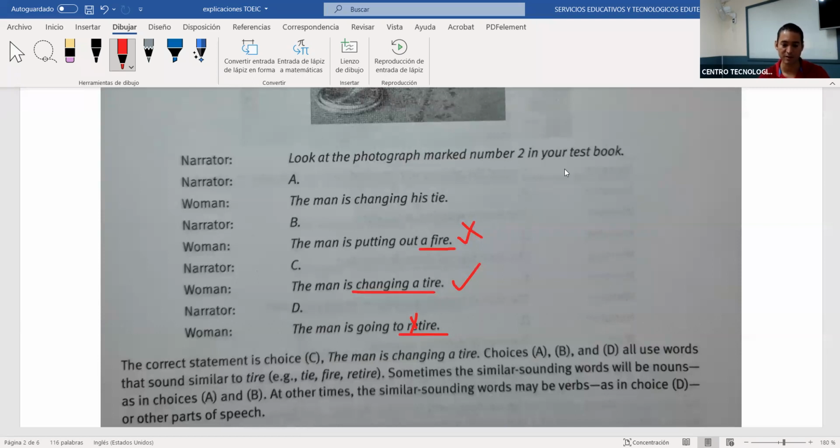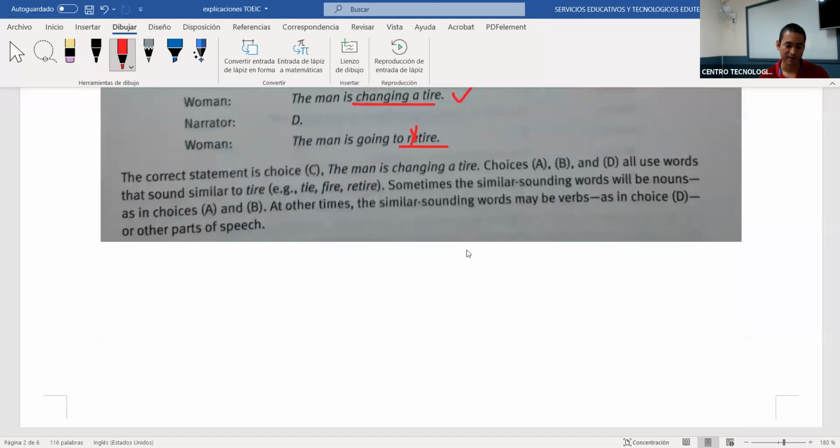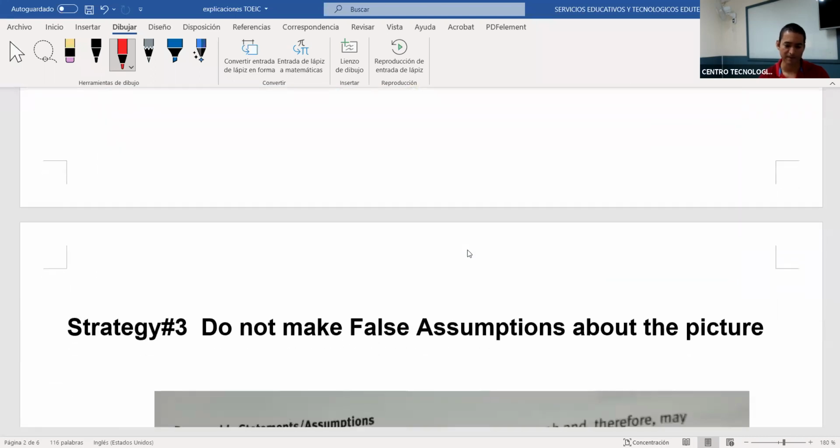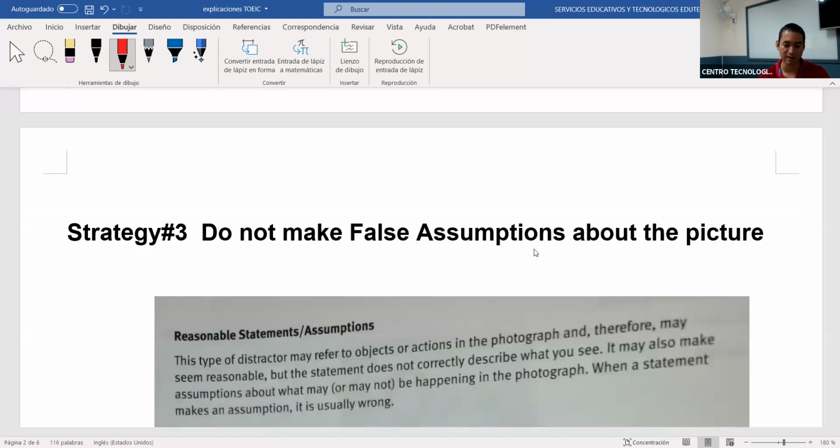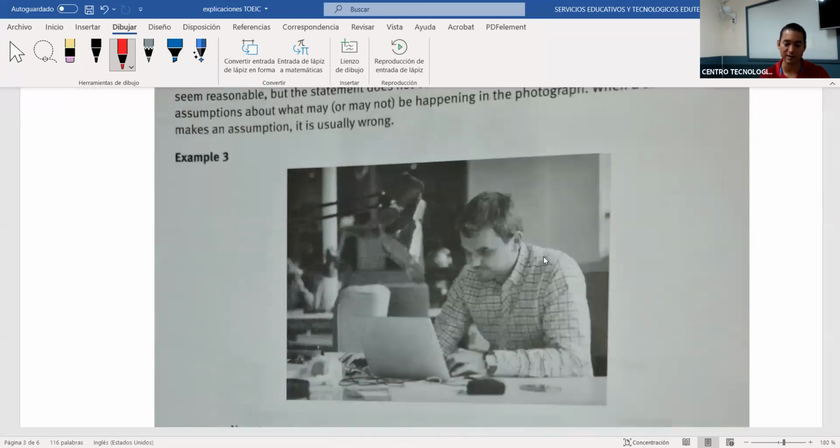So let's continue with tip number 3. So people, I told you, analyze the elements, identify the elements, pay attention to the pictures, and only what you see in the picture is going to be the choice that you would select.